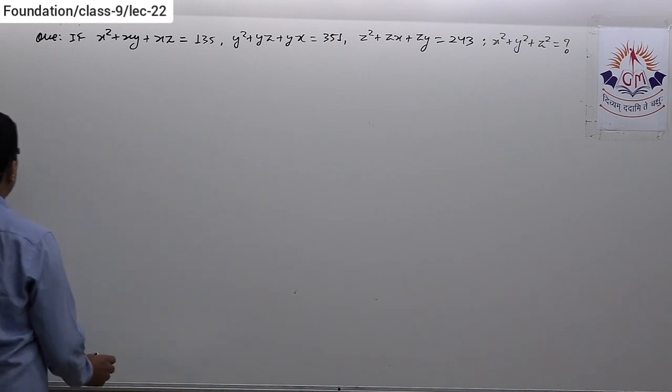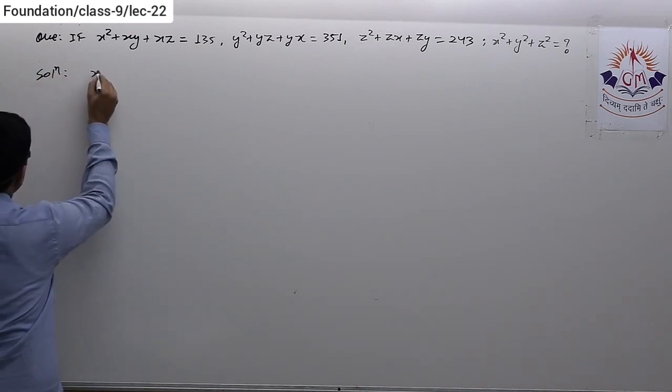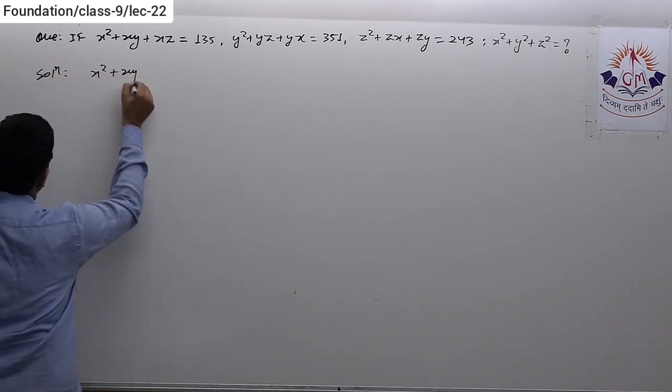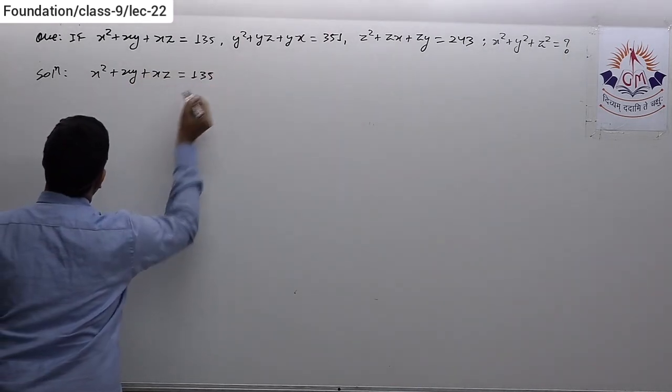Okay, so let us see how to solve this. We have x square plus xy plus xz is equal to 135.